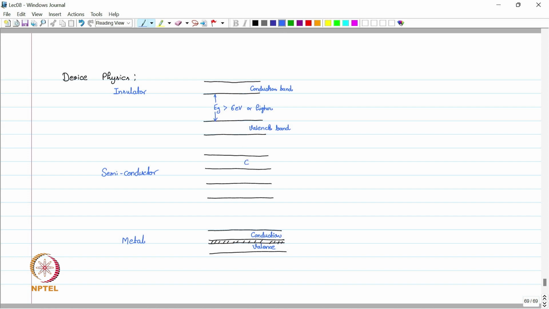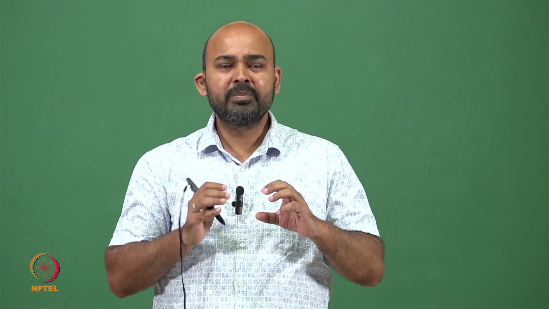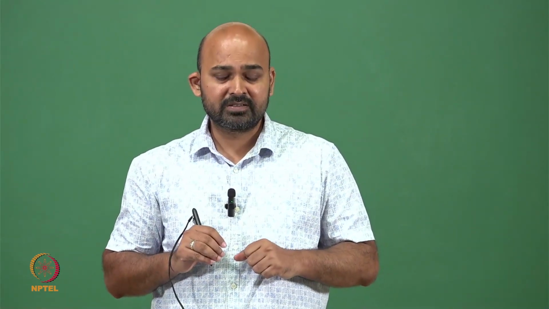So this is a conduction band and this is valence band, and the energy gap is there, which we call band gap, and this band gap now is of the order of 1 electron volt. Typically the band gap between the conduction band and the valence band is typically 1 electron volt for semiconductors.